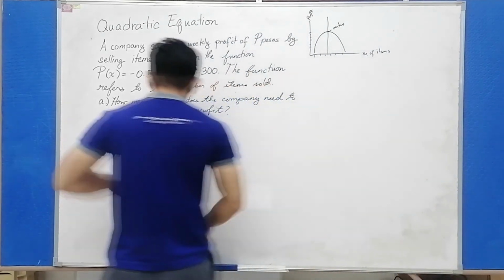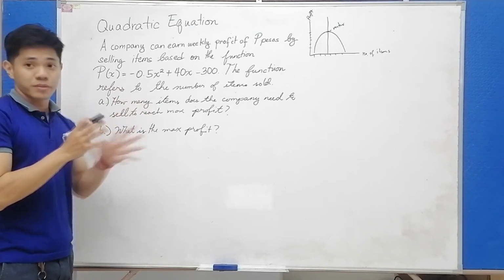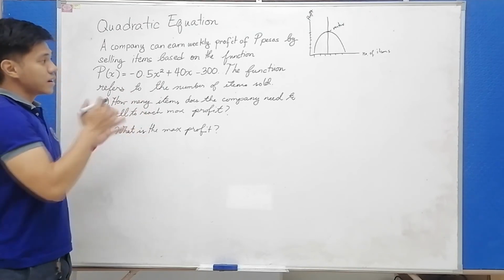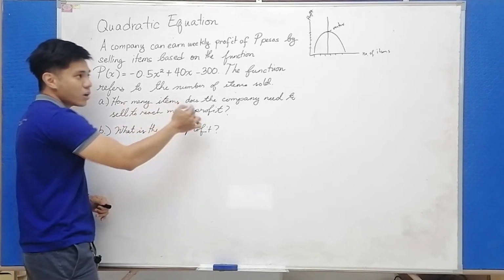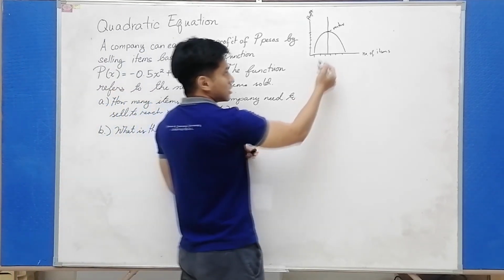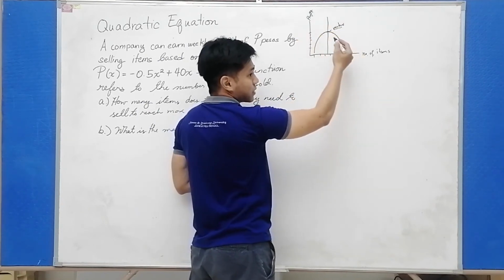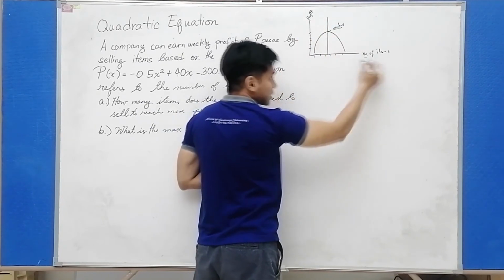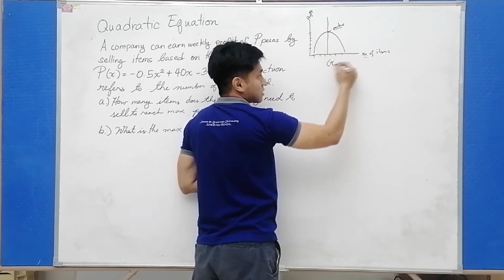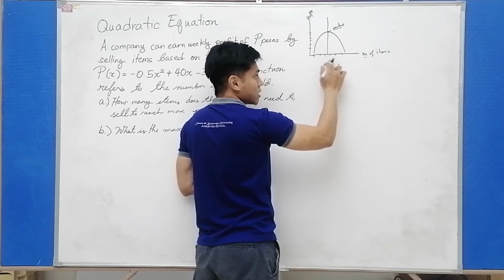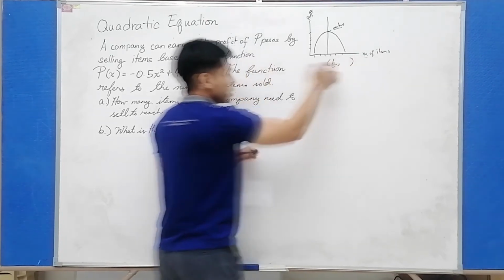Okay, so going back, we now know the shape of the graph. What do we want to find out? We want to find out how many items we need to sell to get the maximum profit. So we're looking for the x coordinate of the vertex, or simply put, we're looking for the h.